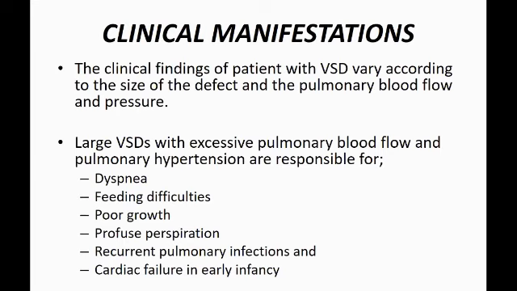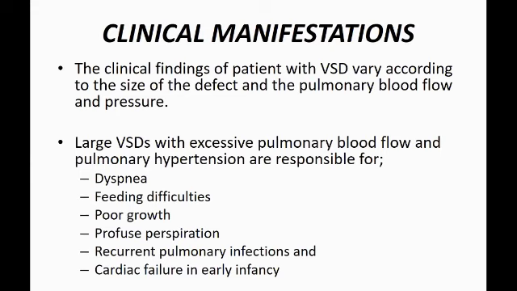So how do these children present to us in OPDs and in the emergency department? The clinical features of patients with VSD vary according to the size of the defect. As we have seen, the smaller VSDs produce mild symptoms. On the other hand, large VSDs can present with signs of cardiac failure and also with signs of pulmonary hypertension. These babies can present with dyspnea and feeding difficulties because of the underlying cardiac failure.